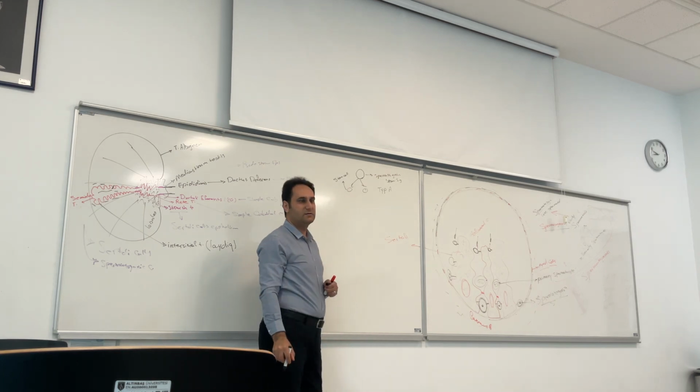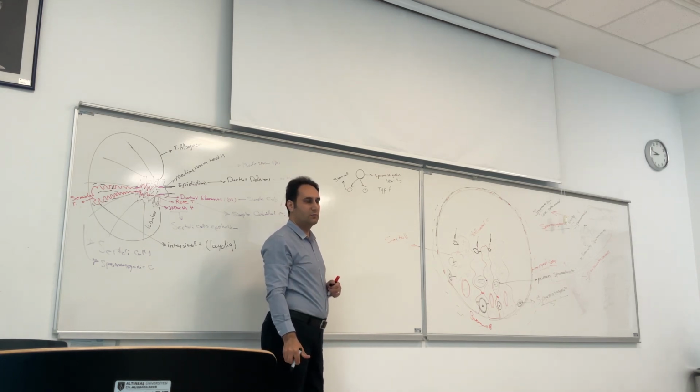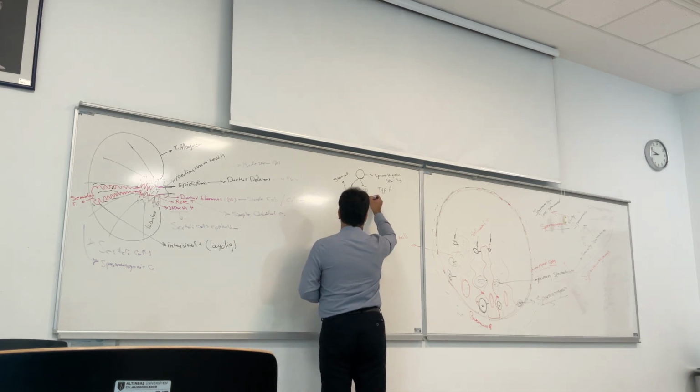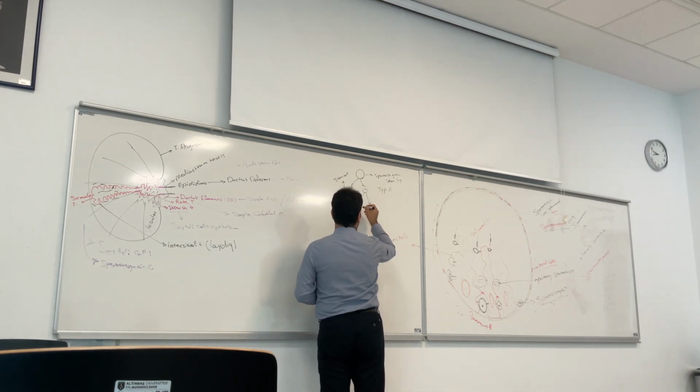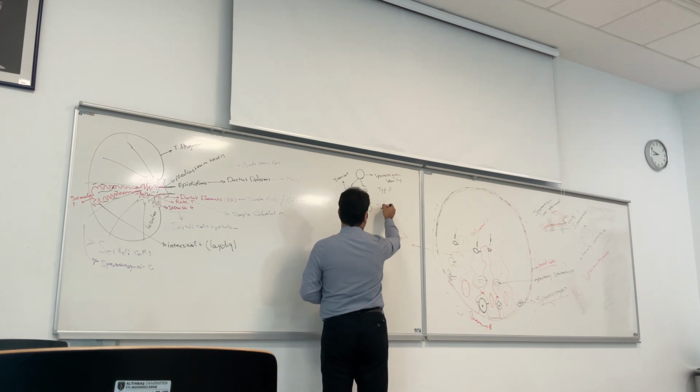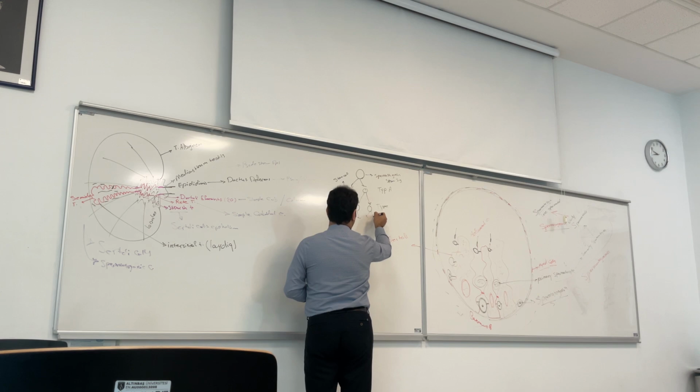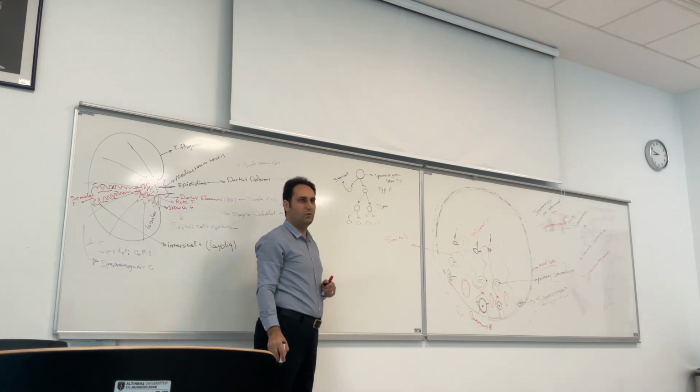Type A spermatogonia. The type A spermatogonia again continue to cell division and form again type A. And these type A's again can form two other cells and form four cells.